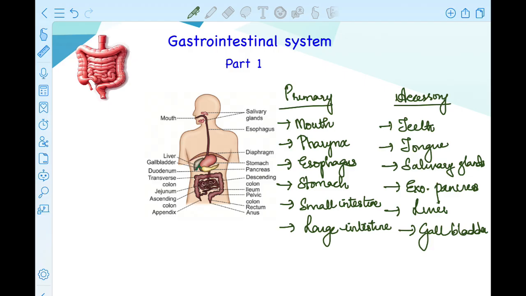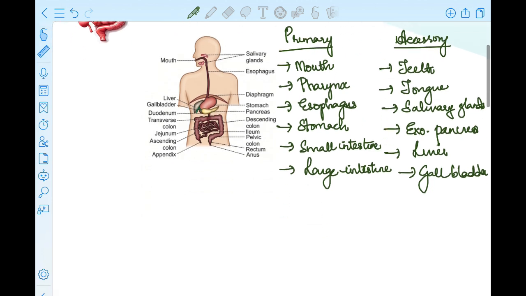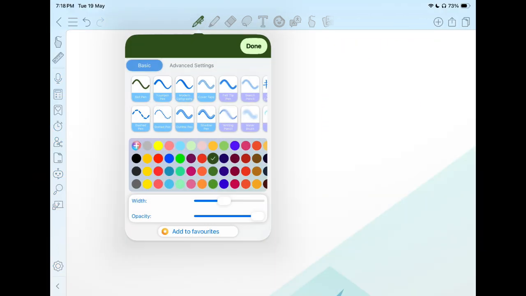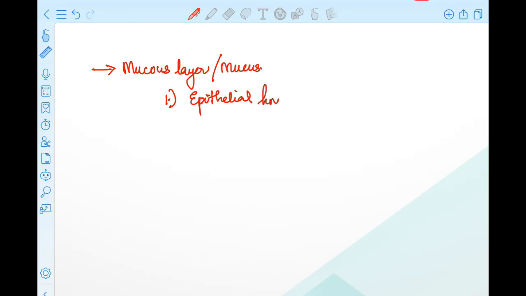All right. Now let's see what the wall of the gastrointestinal tract is made up of. There is an innermost layer that is known as the mucus layer. This layer comprises the epithelial lining in contact with the GI contents.